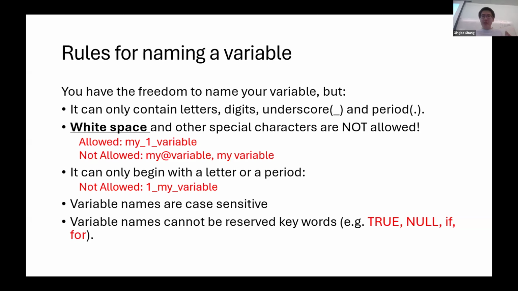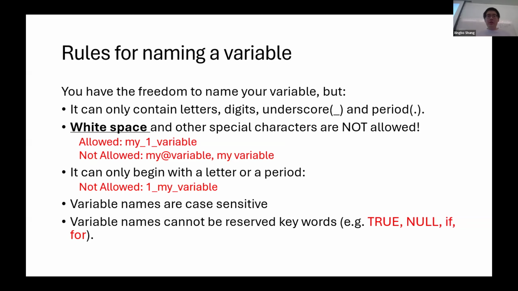So no @ sign, no $ sign, or whatever other signs. And white space, sorry. A variable can be any of the first 4 data types other than logic, right? A variable can also be a logic. Yeah, I mean, you can put any data type you want into a variable.